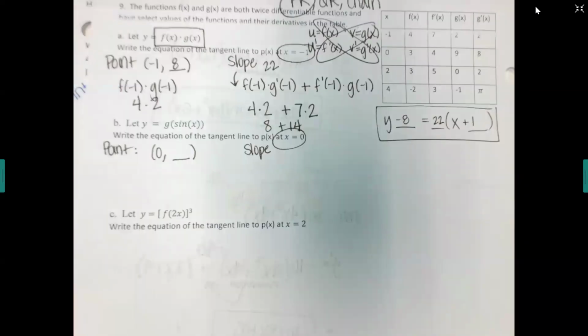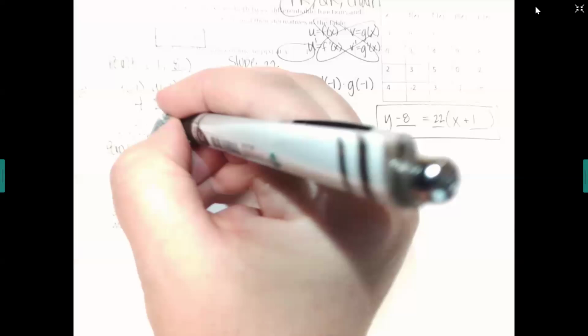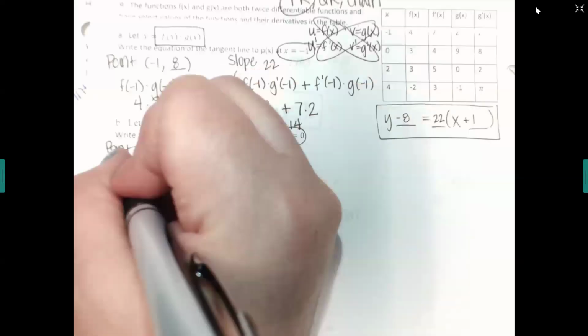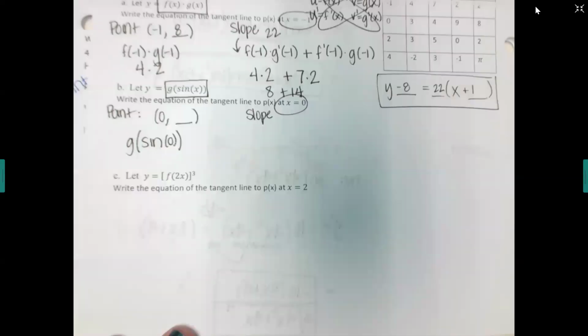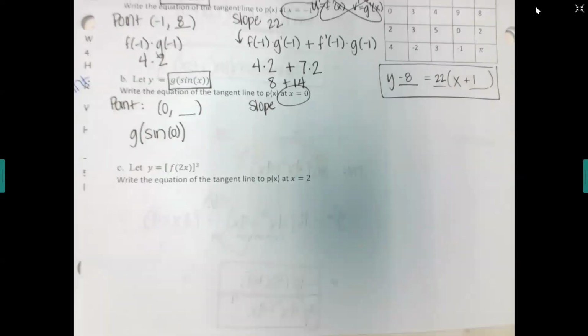Then I'm going to take my 0 and plug it into my equation. Notice that this time it's g of sine x, so it'd be g of sine 0. Now remember, when you plug into compositions of functions, you start at the middle. What is the sine of 0 in the middle? 0 would be your pinky, and then you're trying to count down.